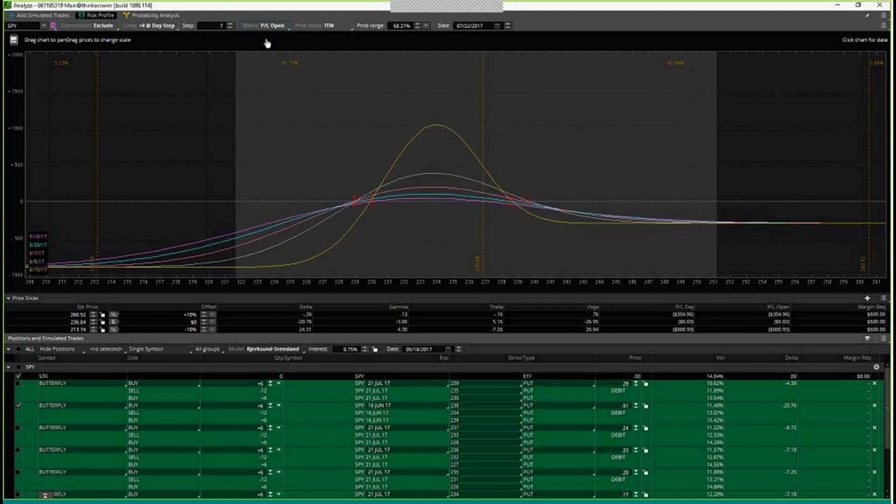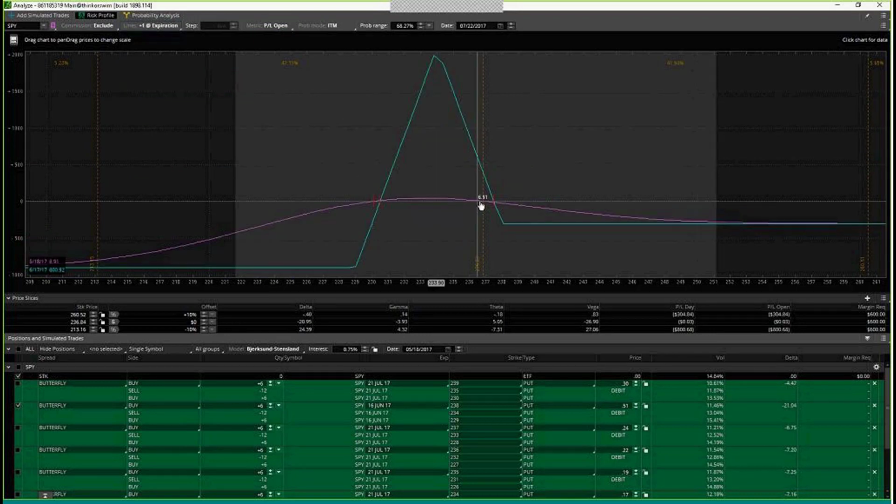Bottom line that I want you to walk away with. Let me do the expiration graph. When you're inside of the butterfly, or the tent or pyramid, as some people call it, volatility increases will hurt your pricing.